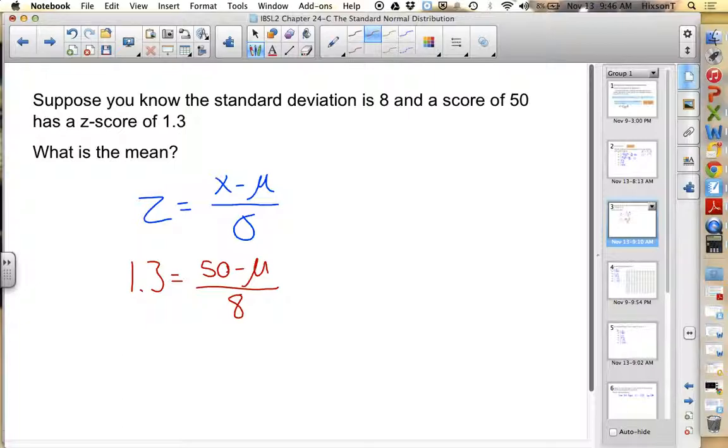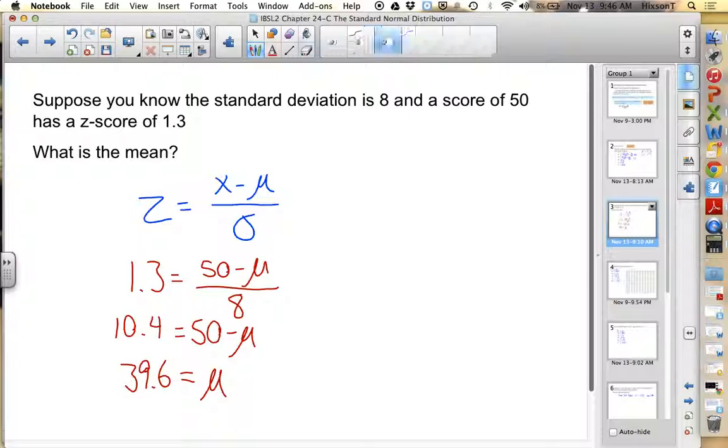Okay? Multiply both sides by 8, and you get 10.4. That's 50 minus mu. Subtract the 50, and then you'll divide both sides by -1 to get rid of the minus on the mu. And you get 39.6.